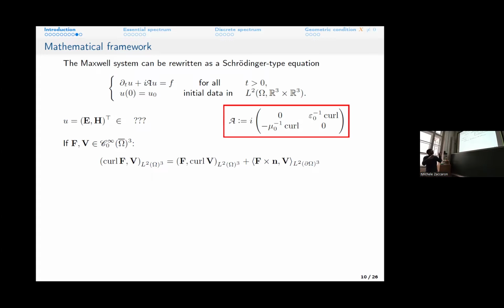I will be very quick, but still I want to introduce the curl spaces. So this is the integration by parts formula, the Green formula just applied to the curl. So you can flip the curl on the other side, and you have a remaining term on the boundary given by the tangential trace. F cross n will be called the tangential trace.